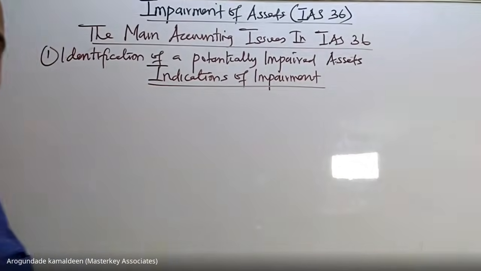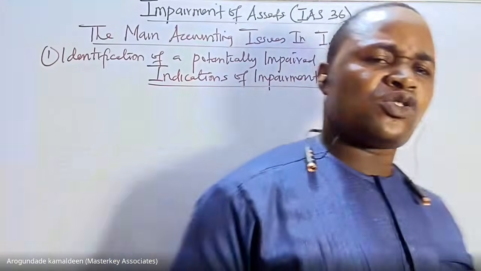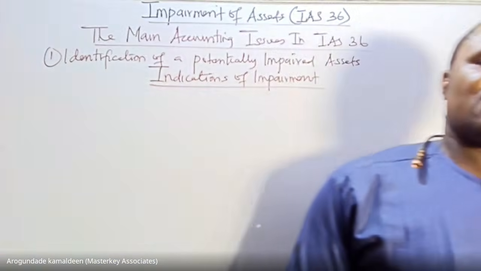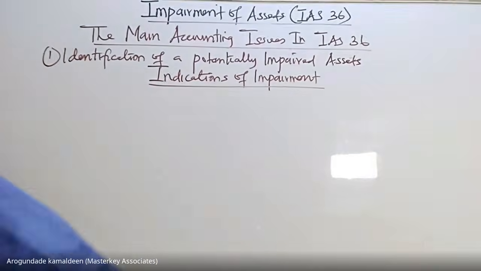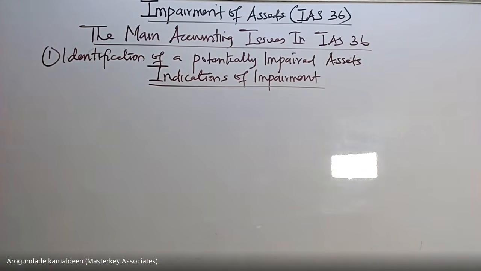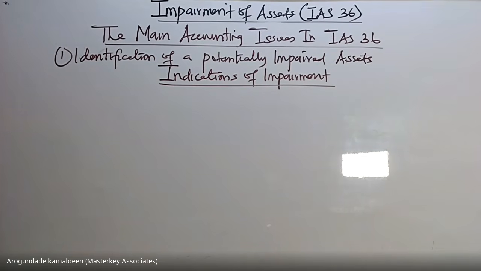What are those signs, those things that will show you that there is a possible impairment? IAS 36 has helped us to classify these indicators into two. We have internal factors and external factors.